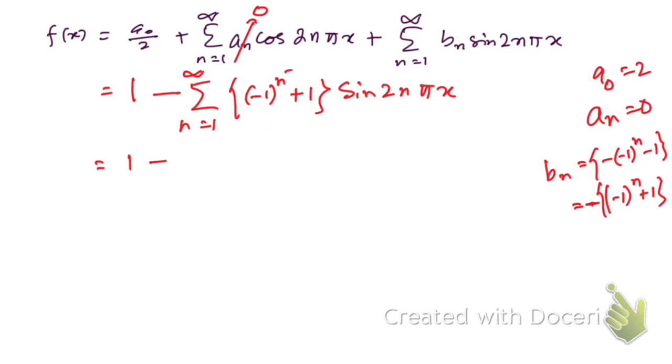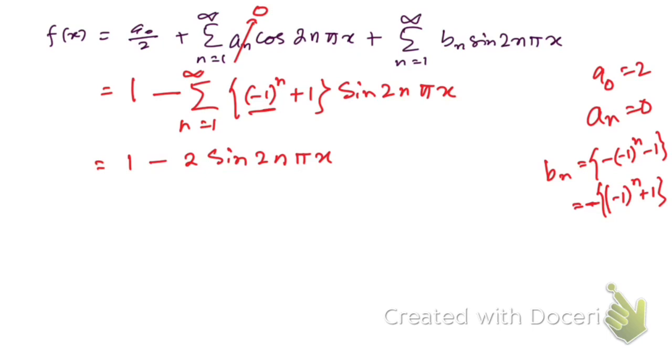Now if you put n is equal to 2, then this is going to be plus 1 plus 2, then you're going to have 2 sine 2nπx. Then again if you put an odd number here, that's going to be minus 1 and it's going to be cancelled with the plus 1, so the next terms will be 0 when you put 3, 5, 7, odd numbers.